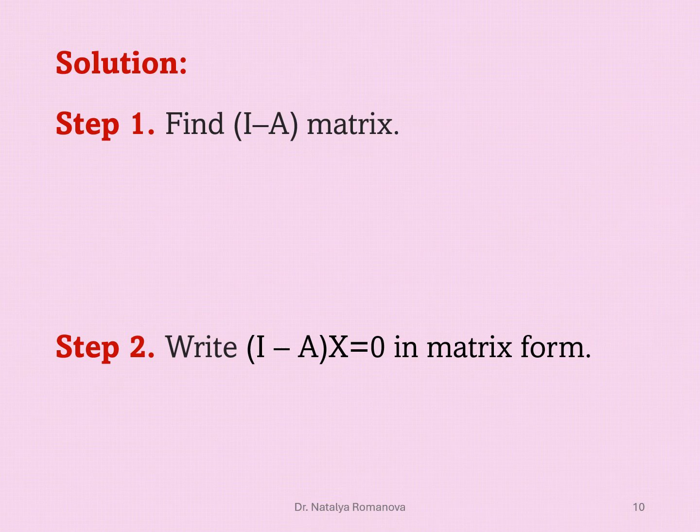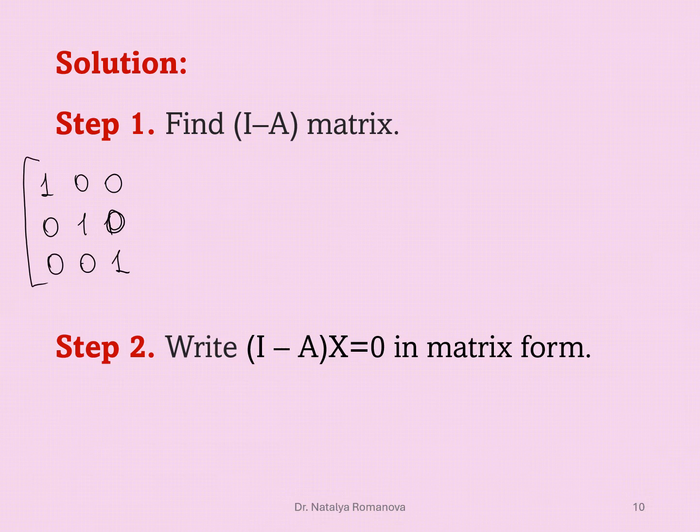The first step of the solution, we have to find matrix I minus A. With I, it is an identity matrix 3 by 3. 0 must be here, 0, 0, 1.